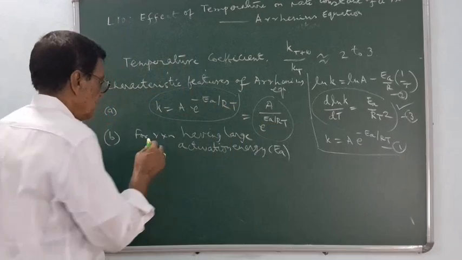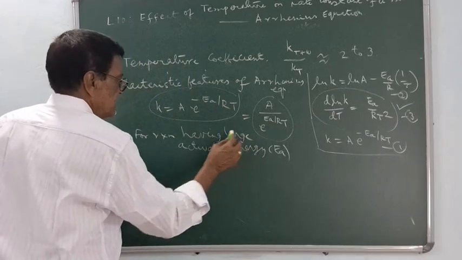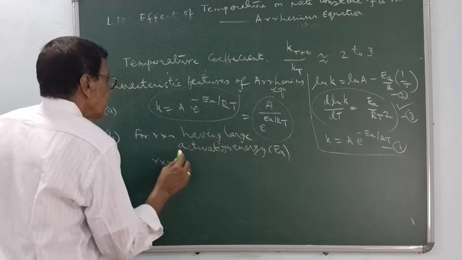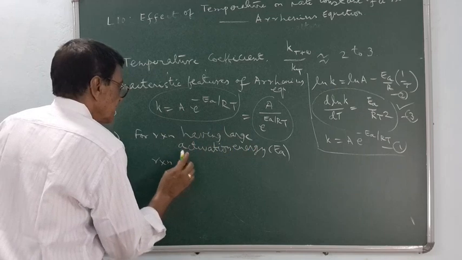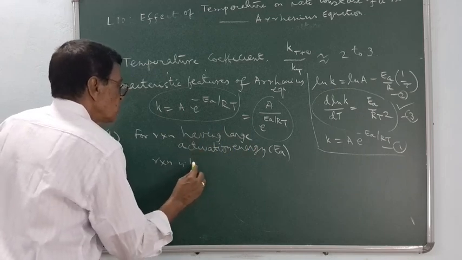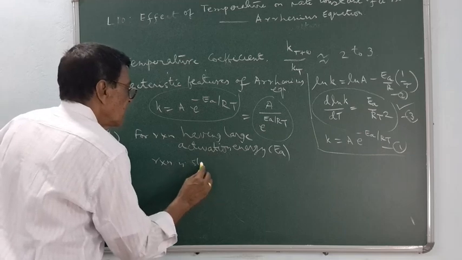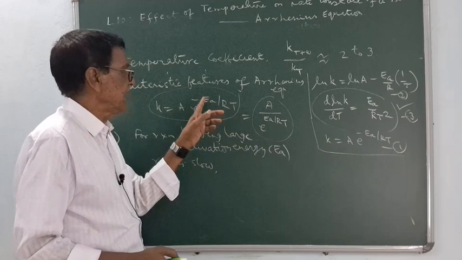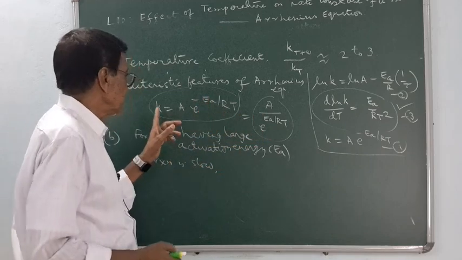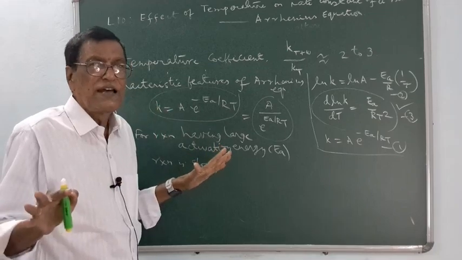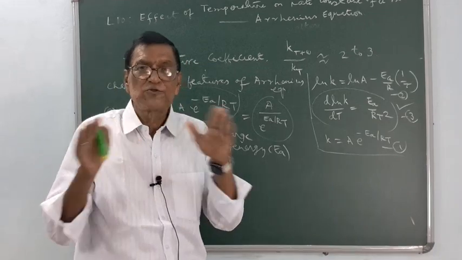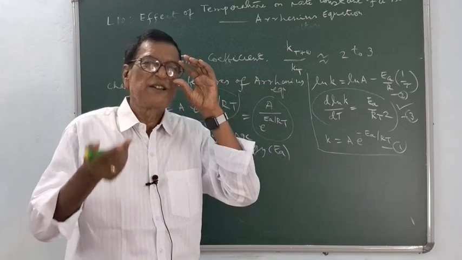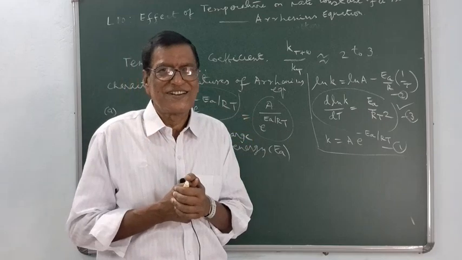So for reactions having a large activation energy, the reaction is slow, meaning the higher the activation energy, the lower the rate constant, and whenever the rate constant is low, the rate is also low, as rate is directly proportional to the rate constant.